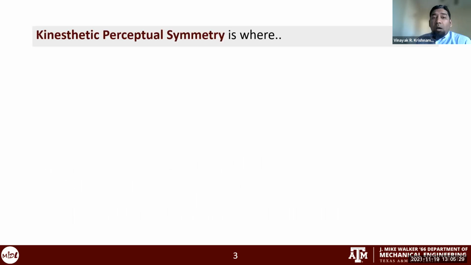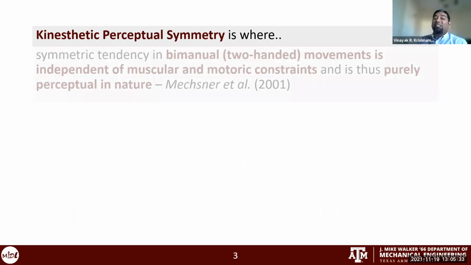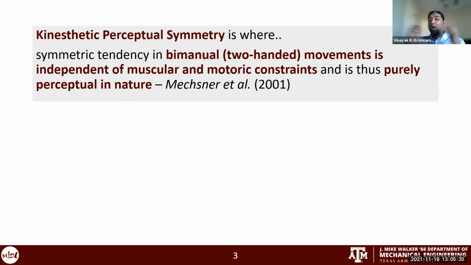Perceptual symmetry is where the tendency to be symmetric in a two-handed movement is not dependent on the muscular or motor constraints. That is, it is not dependent on some prior connection between my muscles on the right hand or the left hand, but rather it is perceptual in nature, meaning that it actually comes from the brain. It comes from how our mind perceives.